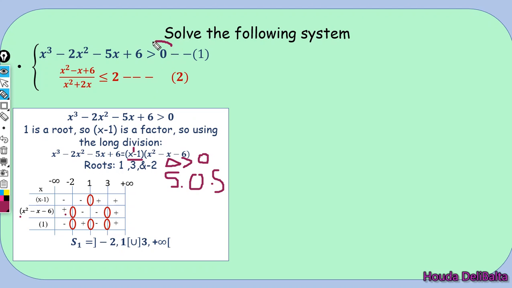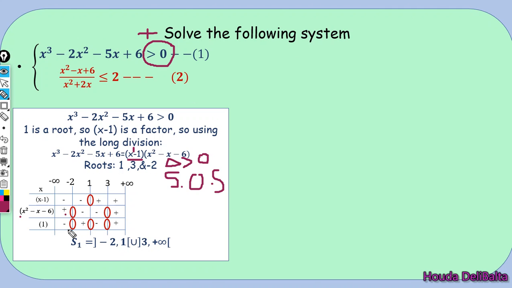Now we have to search for the solution when it is greater than 0. Greater than 0 means when it is positive, and we don't have or equal, so all intervals are going to be open. We are searching for the numbers that make this positive when we evaluate them.